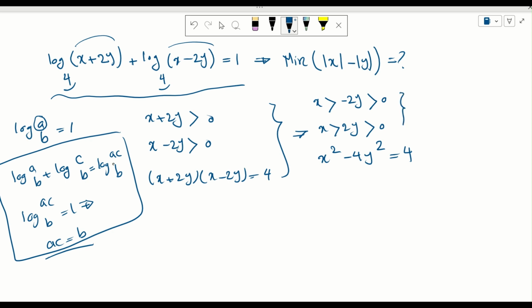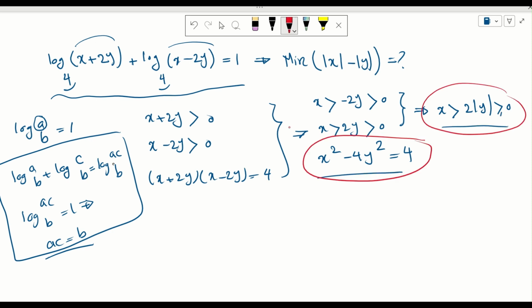Now if you look at what we have here, we can say that x needs to be greater than 2 absolute value of y, and then this needs to be greater than 0. So without loss of generality, we can assume that y is basically positive.